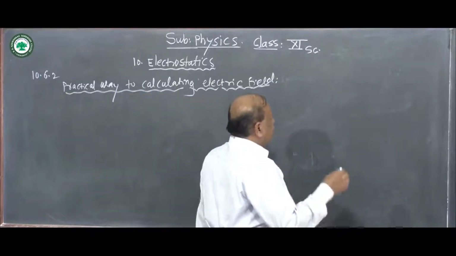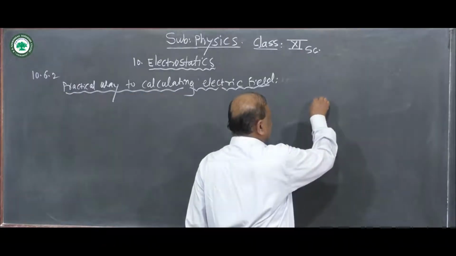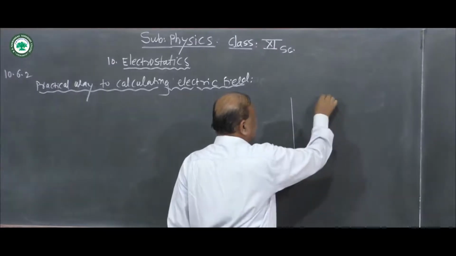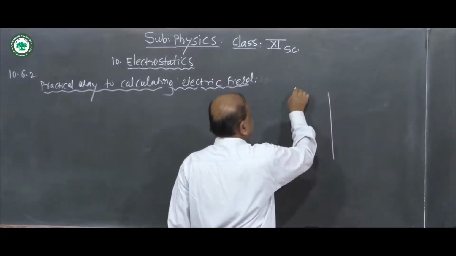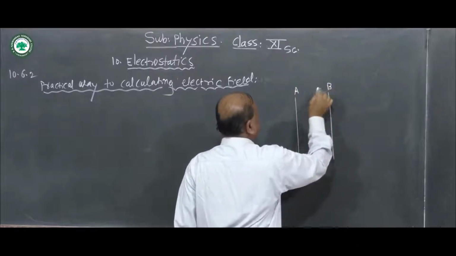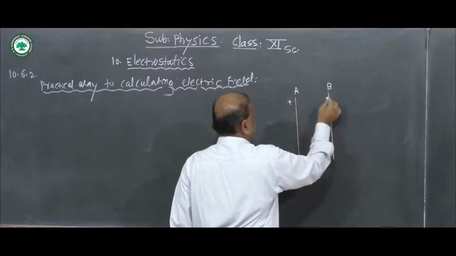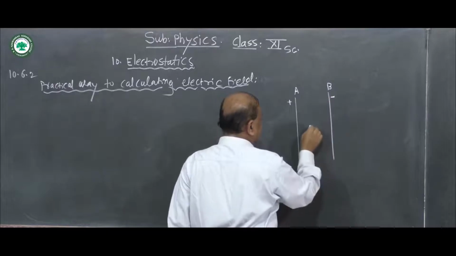Practically, we consider two parallel charged plates. This is plate A and plate B. Here this one is a positive charge and this one is a negative charge.